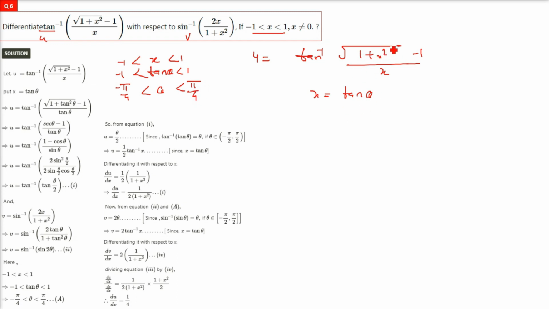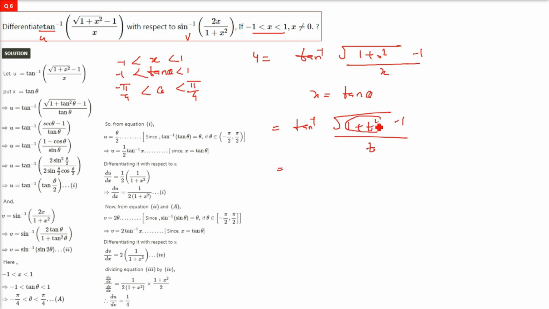So what x we have to put, because when we put this x, you will see that it will come down to a very easy solution. 1 plus tan square minus 1 divided by tan theta. I am writing t for tan theta because this is an intermediary process.